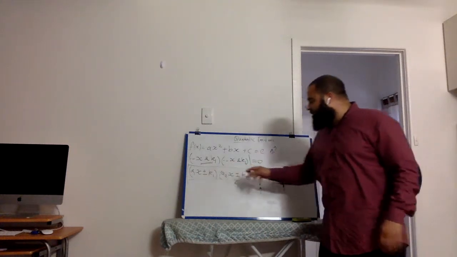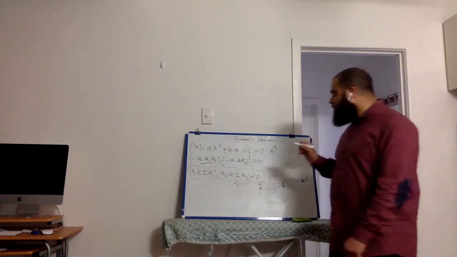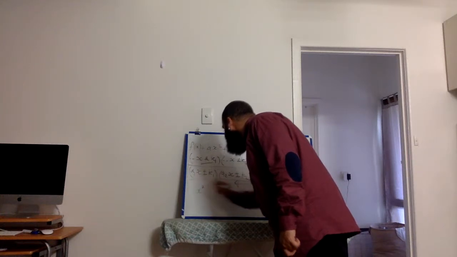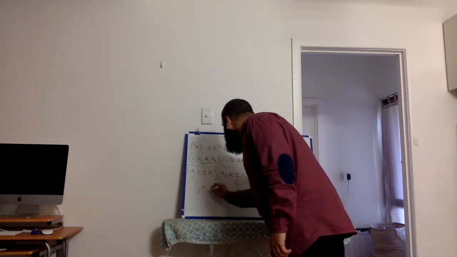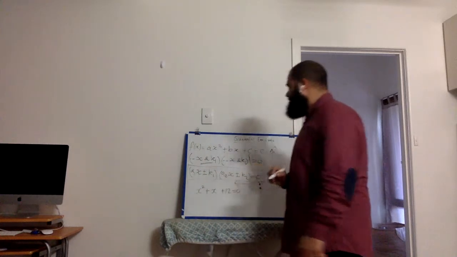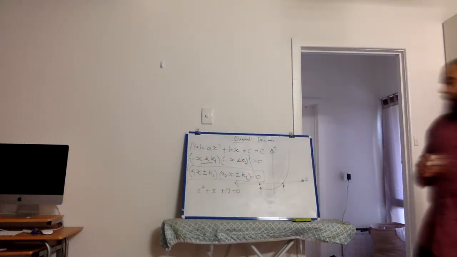So now we need to factorize these. Let us say that we have x squared plus x plus 12 equals 0. How to solve this function?